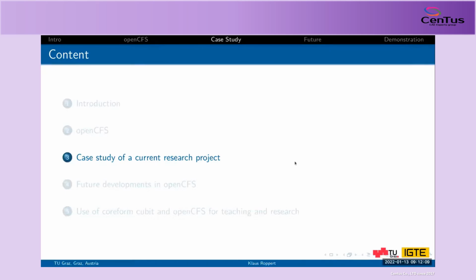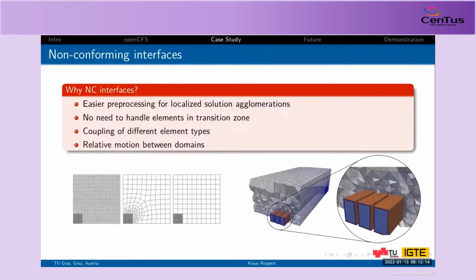Okay, now some words about a recent research project that we were working on. So we were implementing non-conforming interfaces. And for those of you who are not familiar with that, there might be some physics where you have some localized solution agglomerations, especially when dealing with, let's say, wave propagation. So let's assume we're simulating an acoustic problem, and we're having a source region with acoustic sources that needs to be refined very finely, and a propagation region where we don't need such a fine mesh resolution.